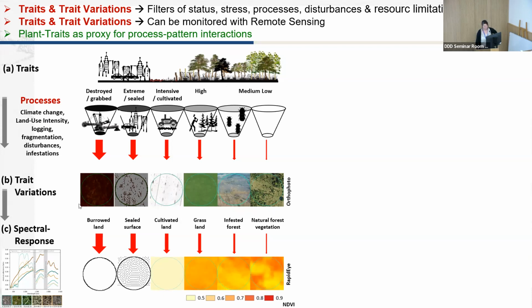Here that means that we have different characteristics of species composition in grassland, in natural forest, in leaf forest, or surfaces, or cultivated land. That means trait variation leads to a specific spectral response. What we can measure with remote sensing here is really easy: NDVI.